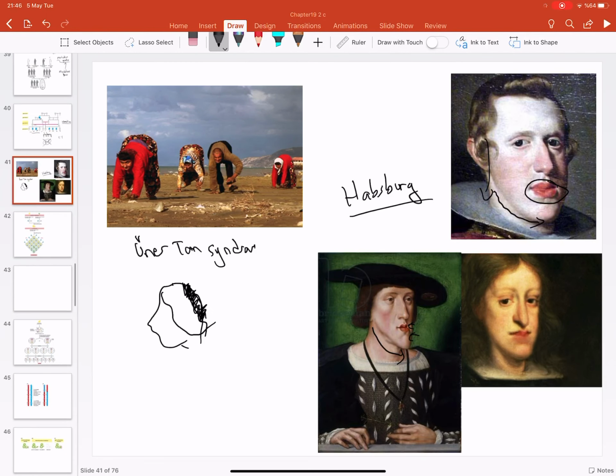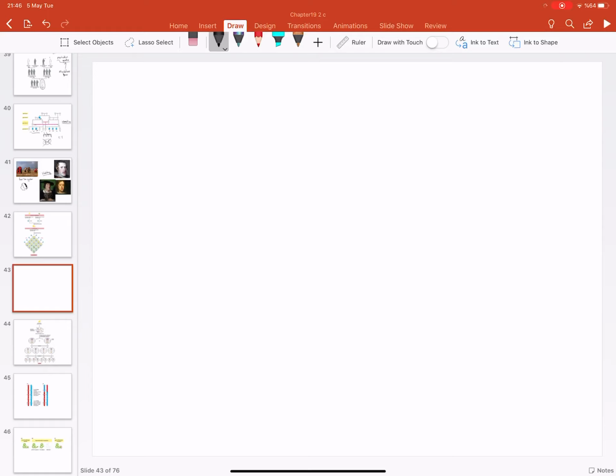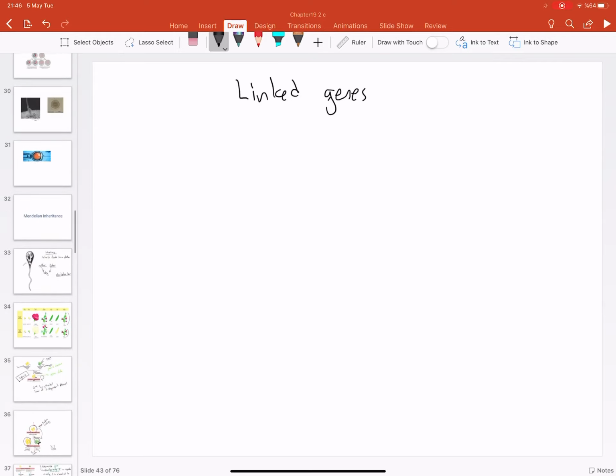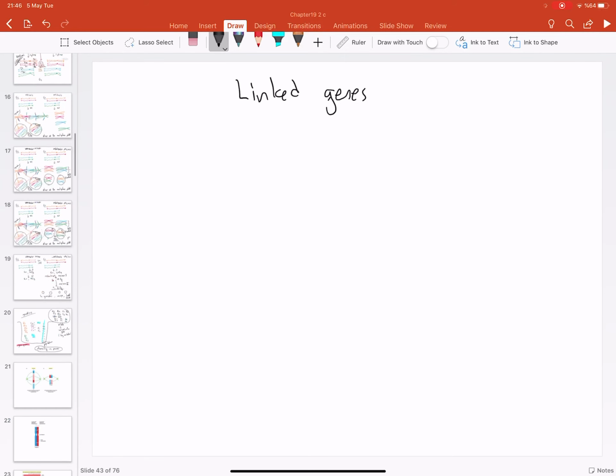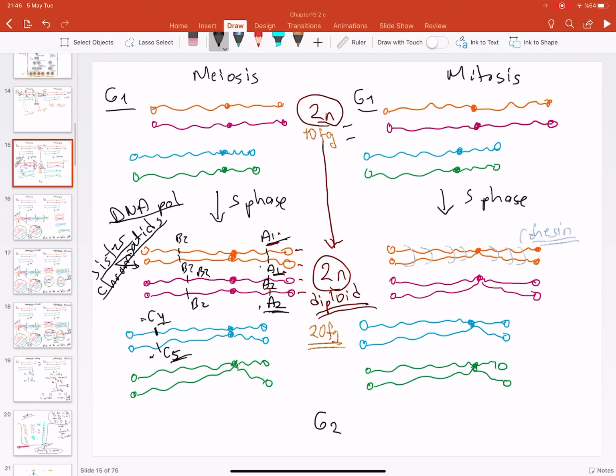Another thing that alters the Mendelian rules is linked genes. Now, let's remember the second law of Mendel, where we said that the alleles located on different chromosomes, like the C gene here and the A gene here, are going to be totally independent.